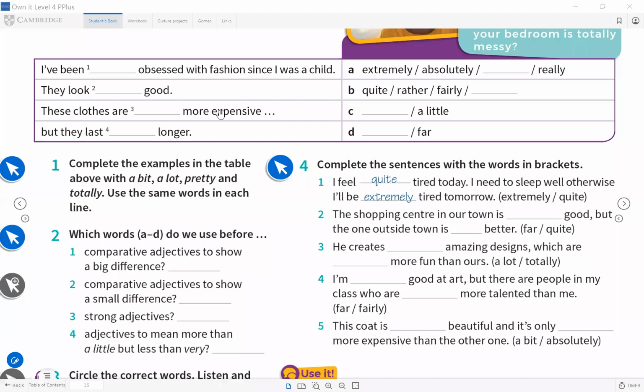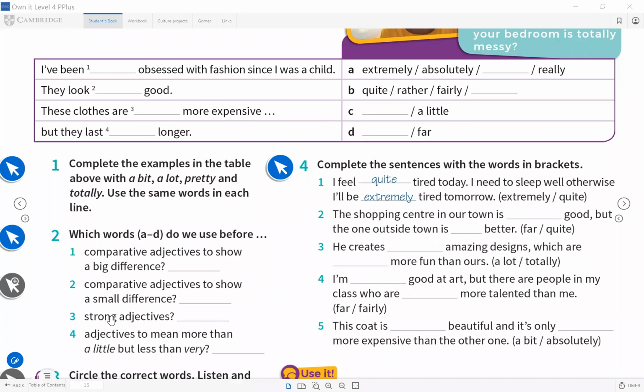So this more expensive is a comparative adjective, and before it we can use either a little or a bit. Okay, they have almost the same meaning actually.